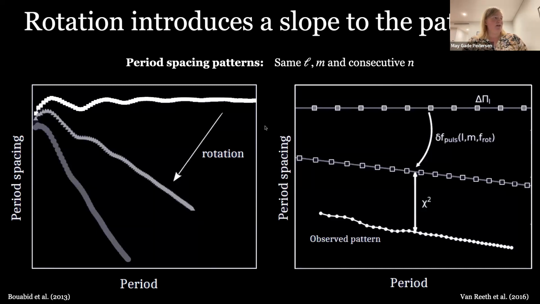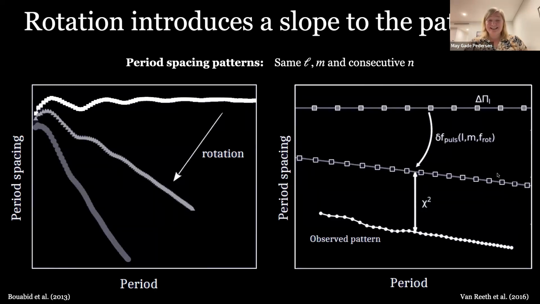And so in this case, we have modes traveling in the same direction as the rotation, and this shortens the periods and also decreases the period spacing values as well. Fitting these slopes helps us derive the mode identification as well as the rotation rates of the stars.